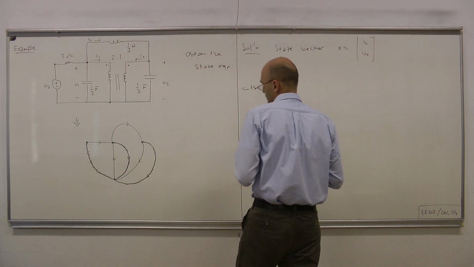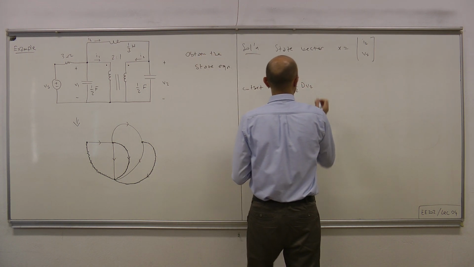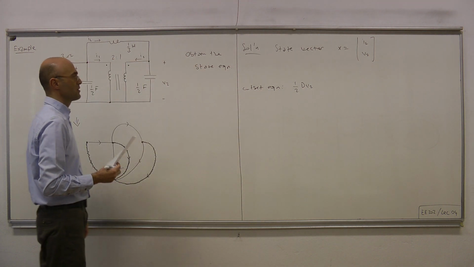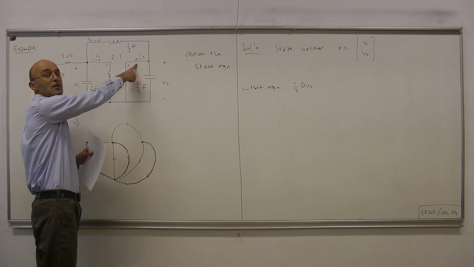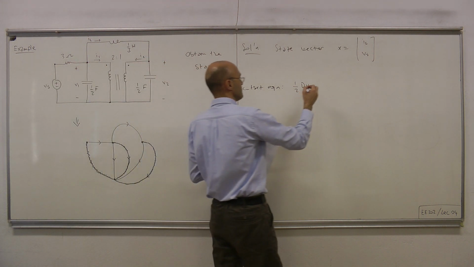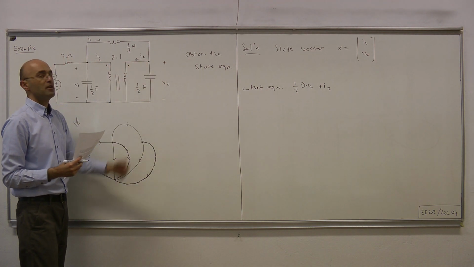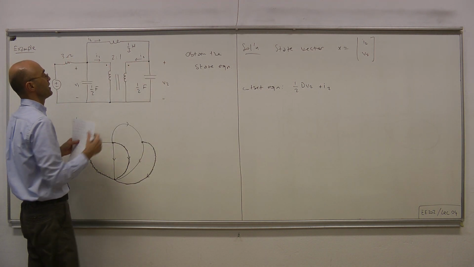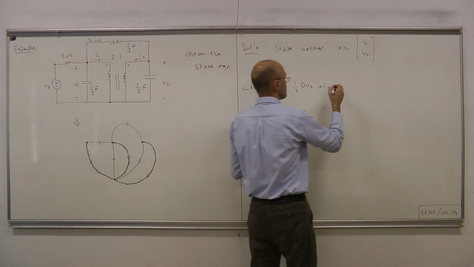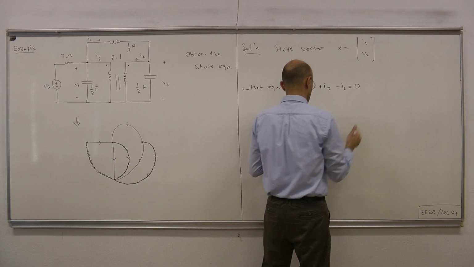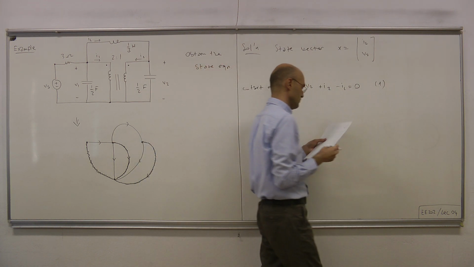We have the capacitor current, which is 1/2 dV2 by the terminal equation of the capacitor, plus this current. For now, let's call it I2. That's the current of the second coil of the transformer. And finally, we have this current, which is minus IL. So let's call this equation 1.